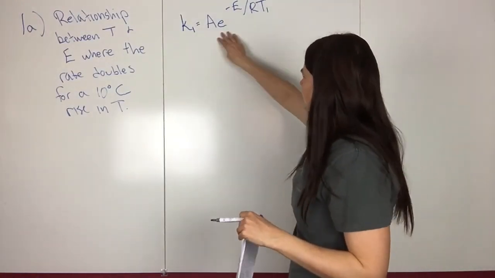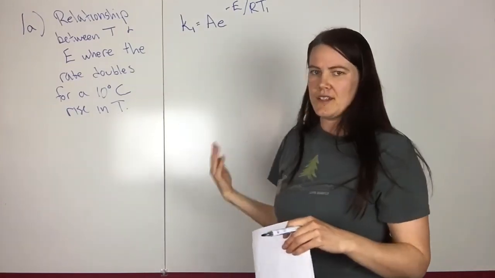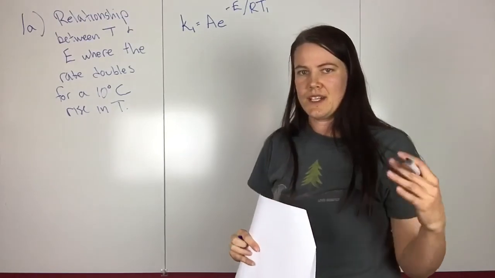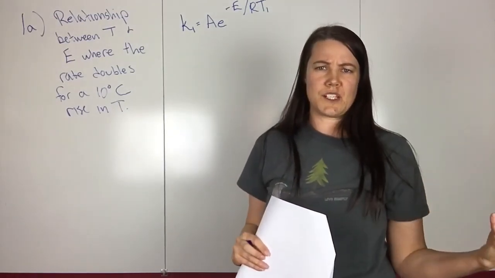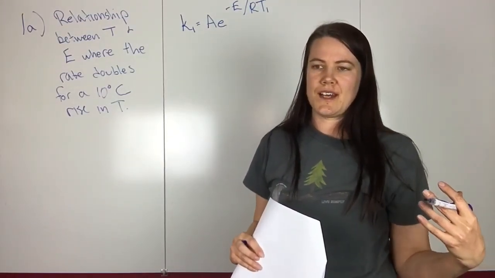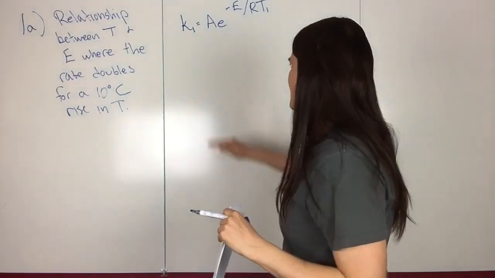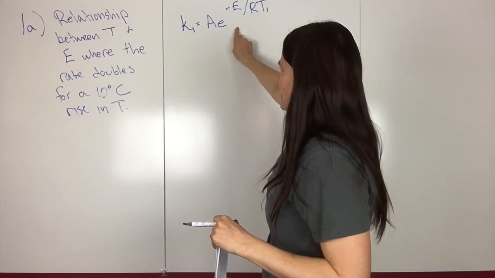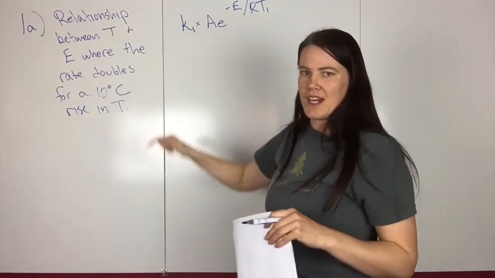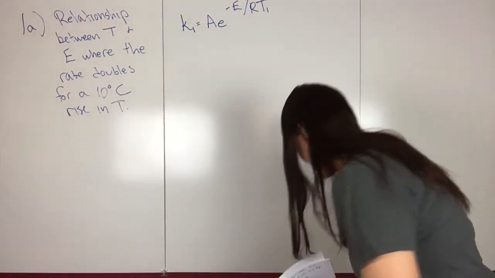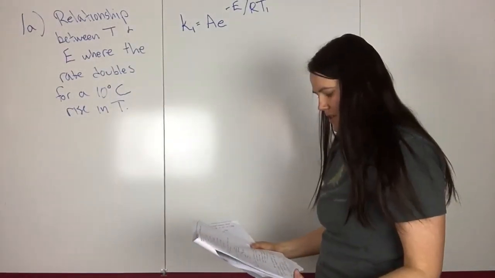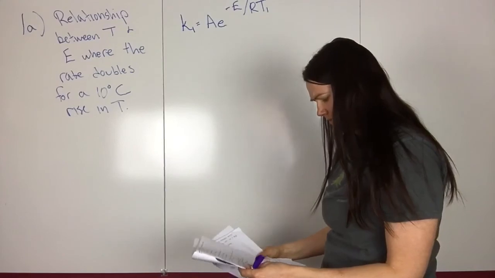So this is a way to calculate your rate constant, or if you've run an experiment and taken data at various temperatures, then you can use this equation to calculate your activation energy. And then this is the frequency factor, which has another name too: frequency factor or pre-exponential.